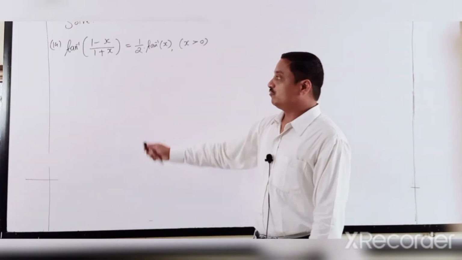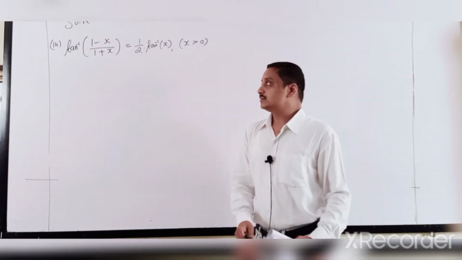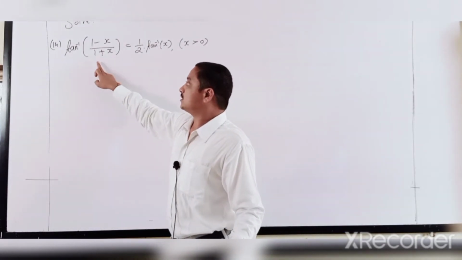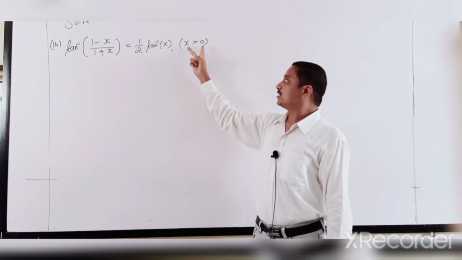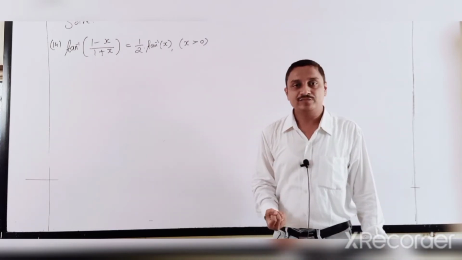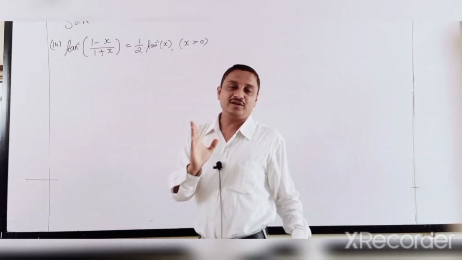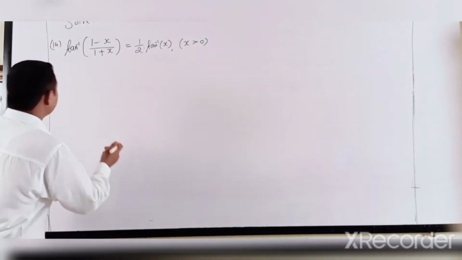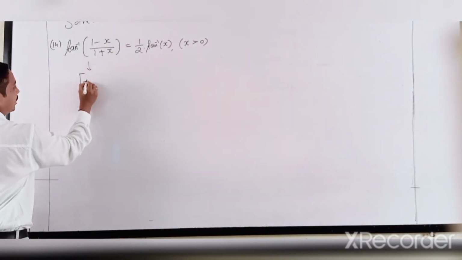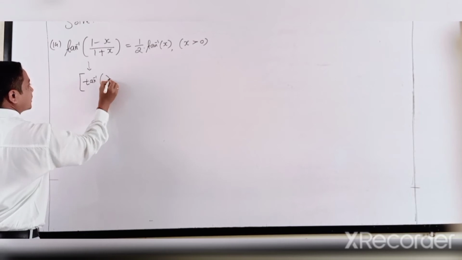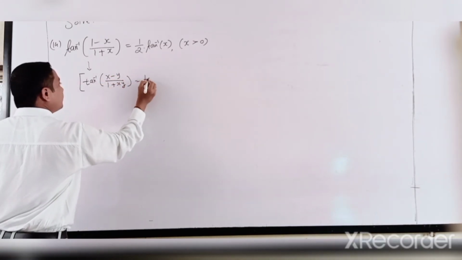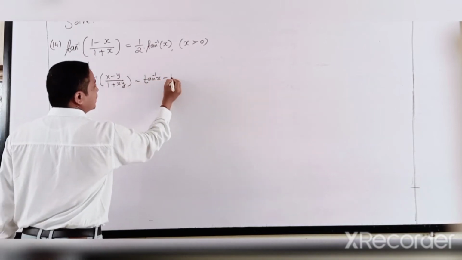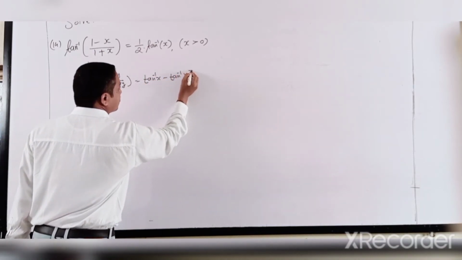One more numerical for solving the equations. Tan inverse (1 minus x by 1 plus x) is equal to half tan inverse x. Students, here the condition given is x greater than 0, which means you create the answer only in positive x. Here apply the property: tan inverse (x minus y by 1 plus xy) is tan inverse x minus tan inverse y.